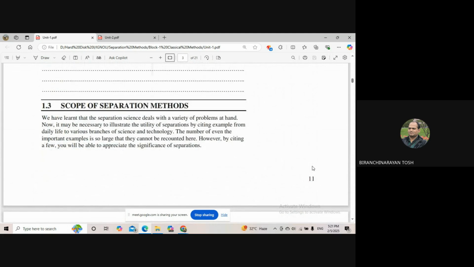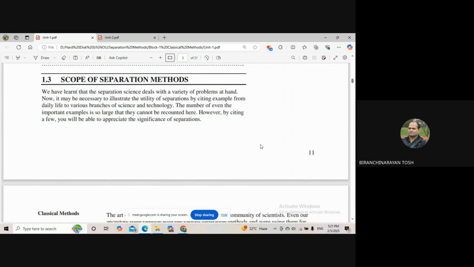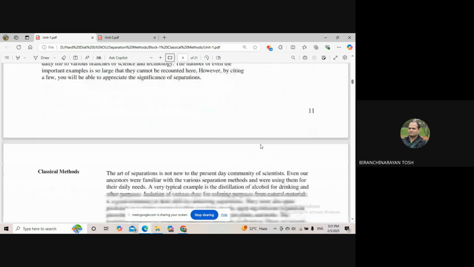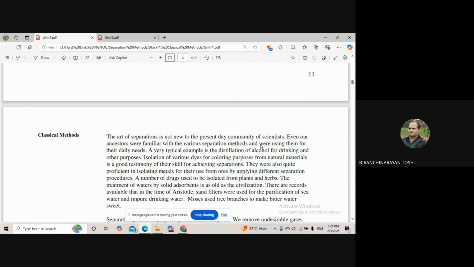Then scope of separation method, or the use of separation method. Why we need to learn the separation science. So in our day-to-day life, you can see we are separating different substances, like isolation of various dyes for coloring purpose from natural material, and it also plays a key role in our daily life.